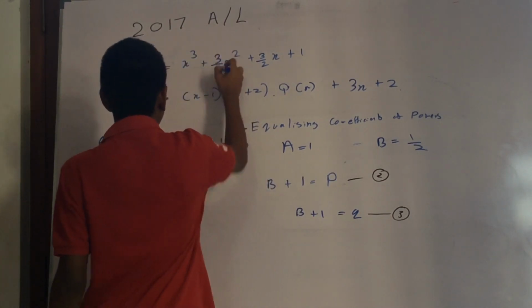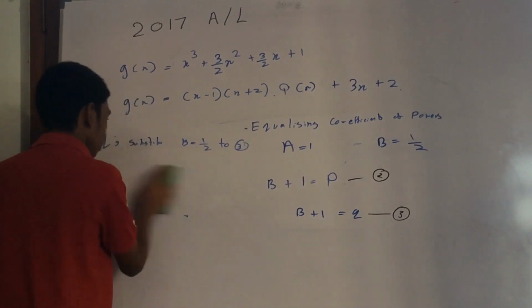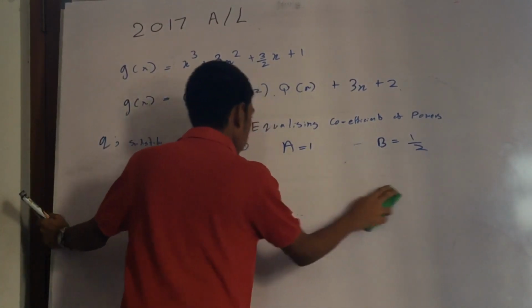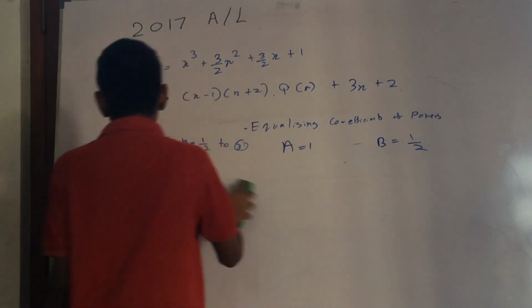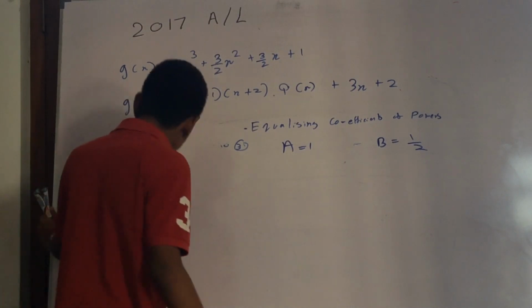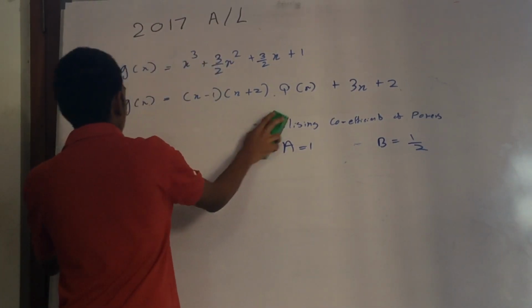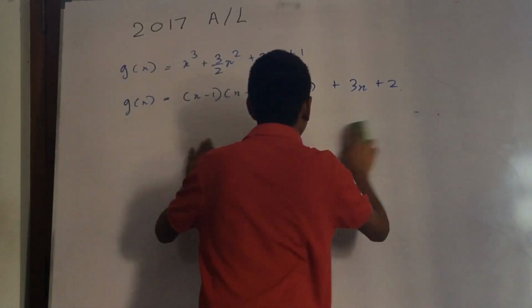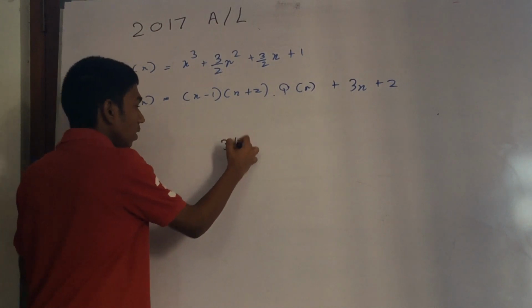So we got A equals 1, B equals half, P equals 3 over 2, and Q equals 3 over 2. After that they ask you to show that x plus 1 is a factor of this g(x), this polynomial. Say 3 is a factor of 9.